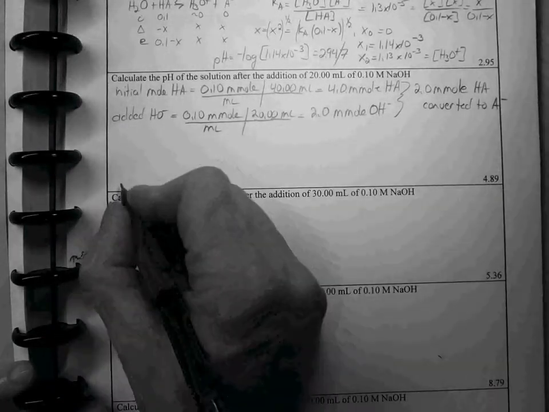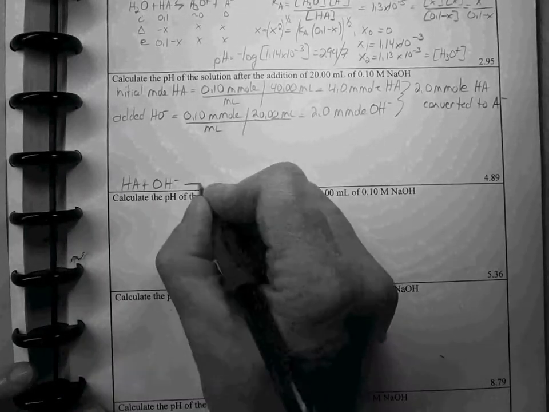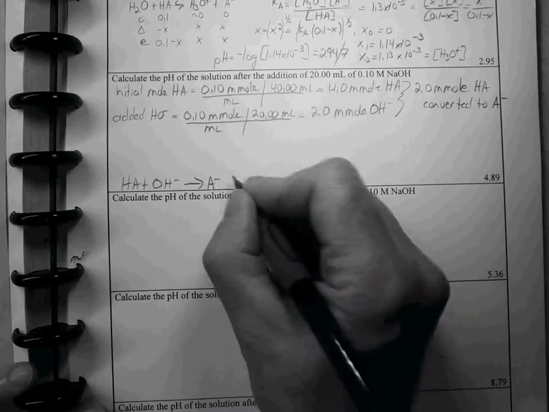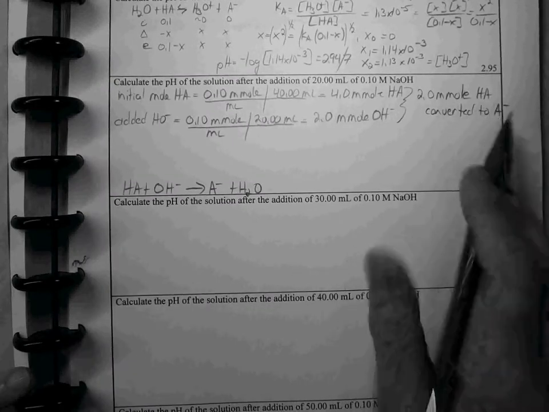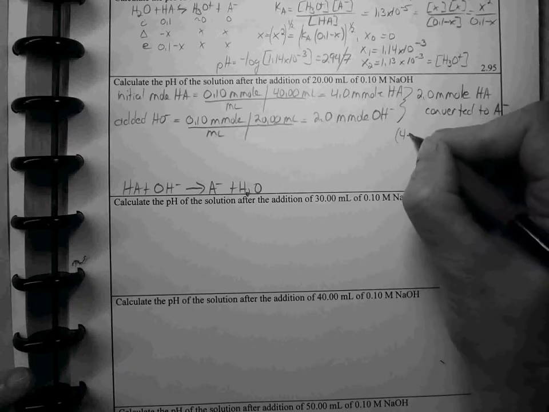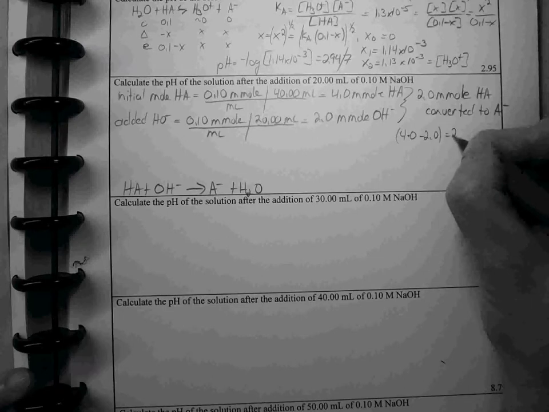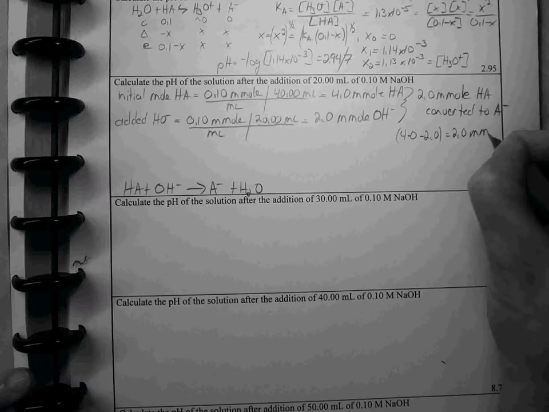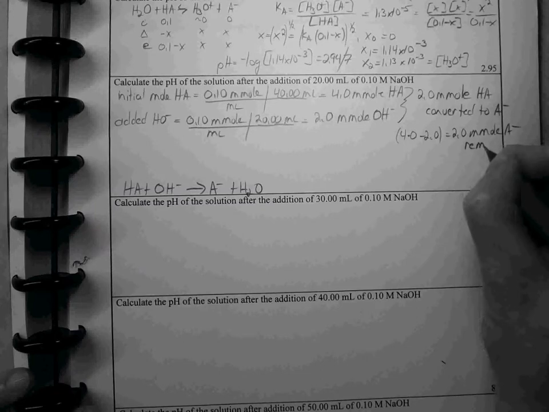Because HA, when it reacts with a strong base, is going to go to A minus plus water. So 2 millimoles of our HA converted to A minus, and therefore we have 4 minus 2 millimoles remaining.